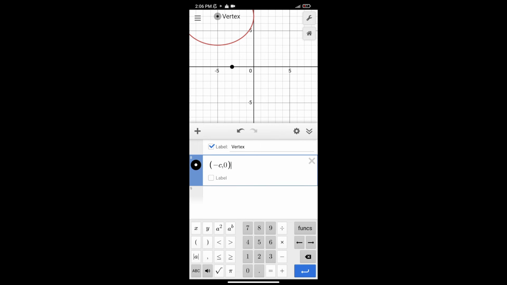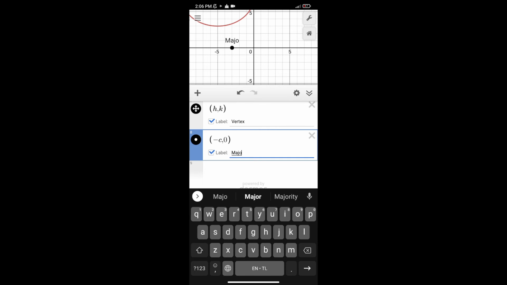Then, add sliders to put the equation of major and minor vertices and foci in a horizontal equation.